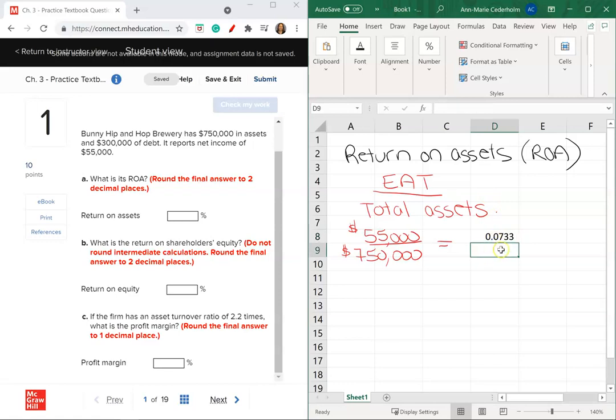So that gives me 0.0733, and it asks us to solve it as a percentage. So you can just multiply that by 100 or just hit the percentage button. And then that gives us 7.33%.